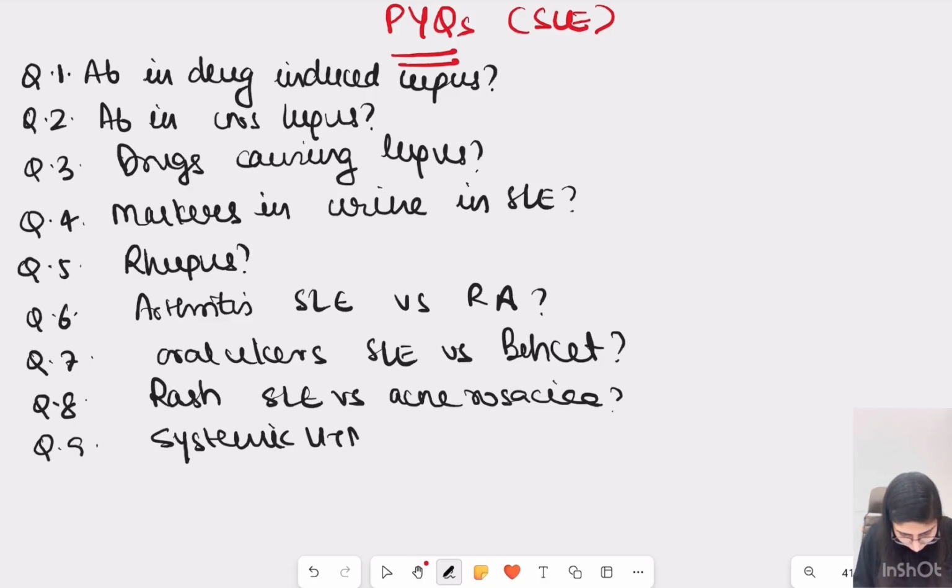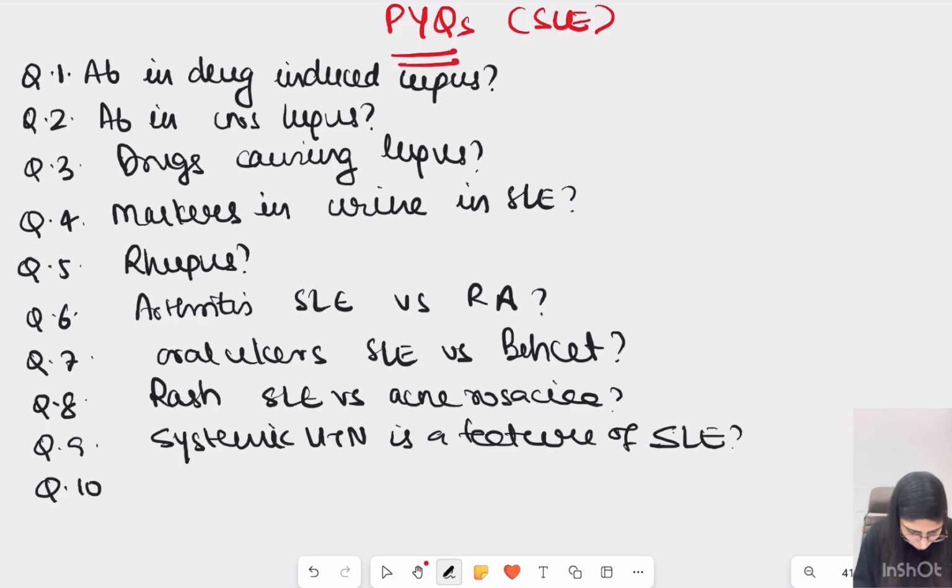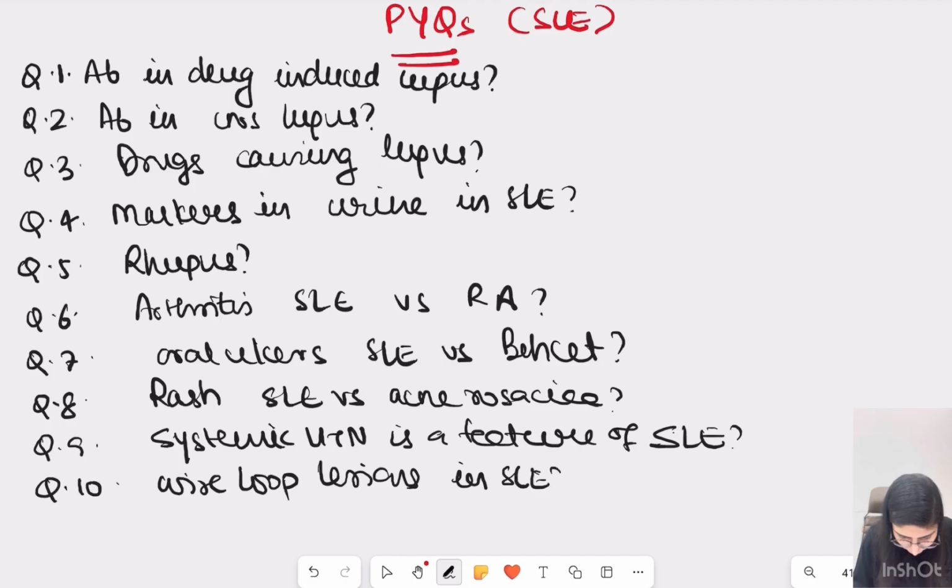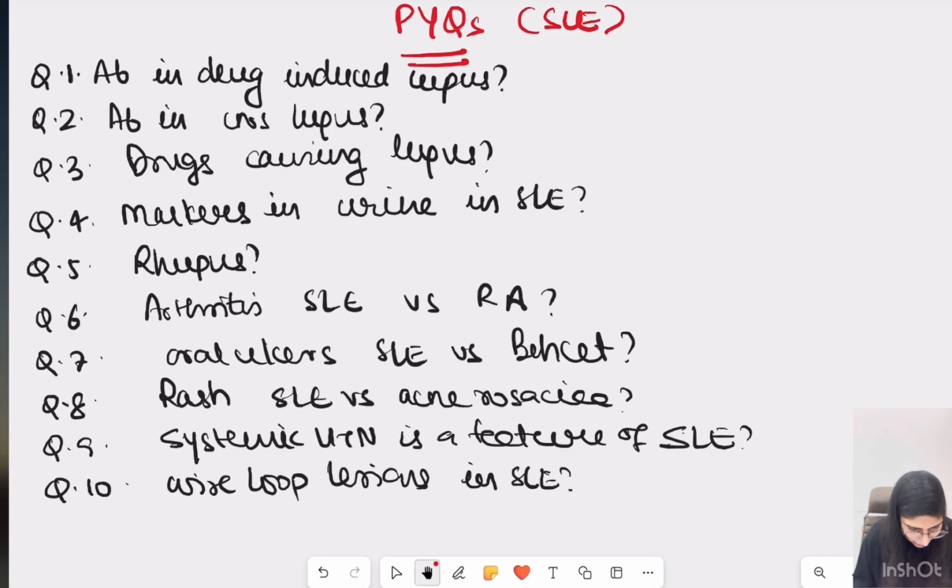Systemic hypertension is a feature of SLE. Is this statement right or wrong? Just write right or wrong. Wire loop lesions in SLE.